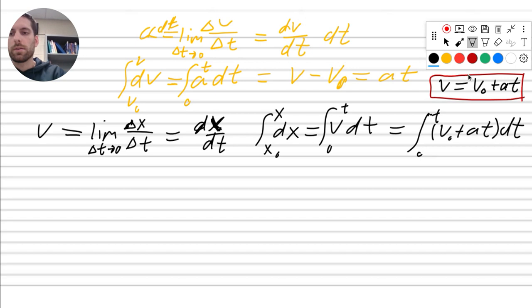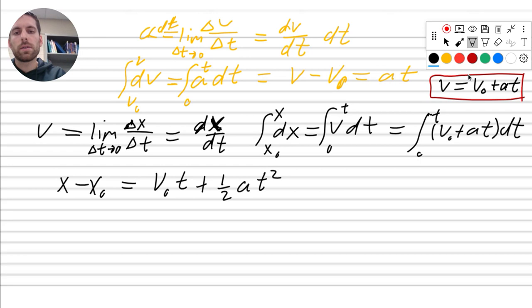So this one, I'll get some x minus x initial equals v initial t plus 1/2, because t squared over 2, a t squared. And that's another equation I've just derived.